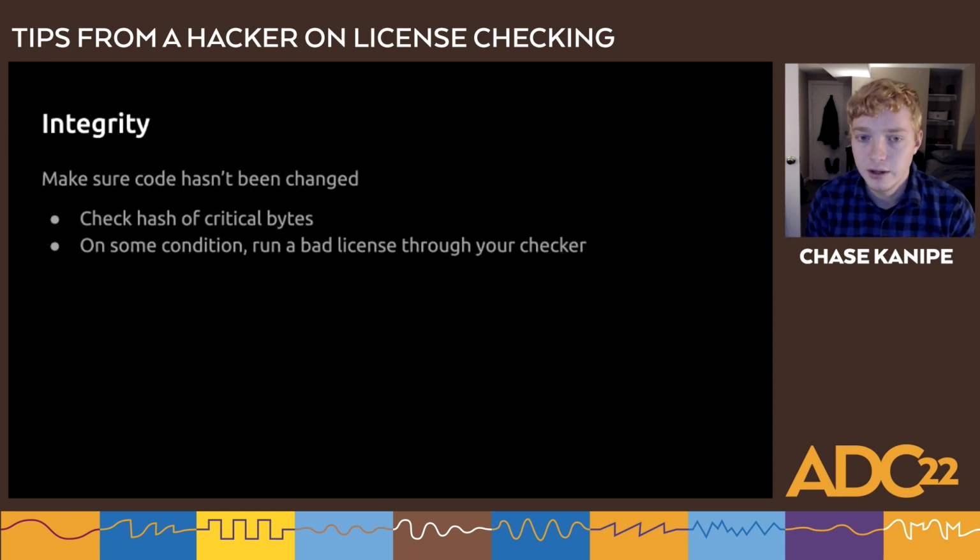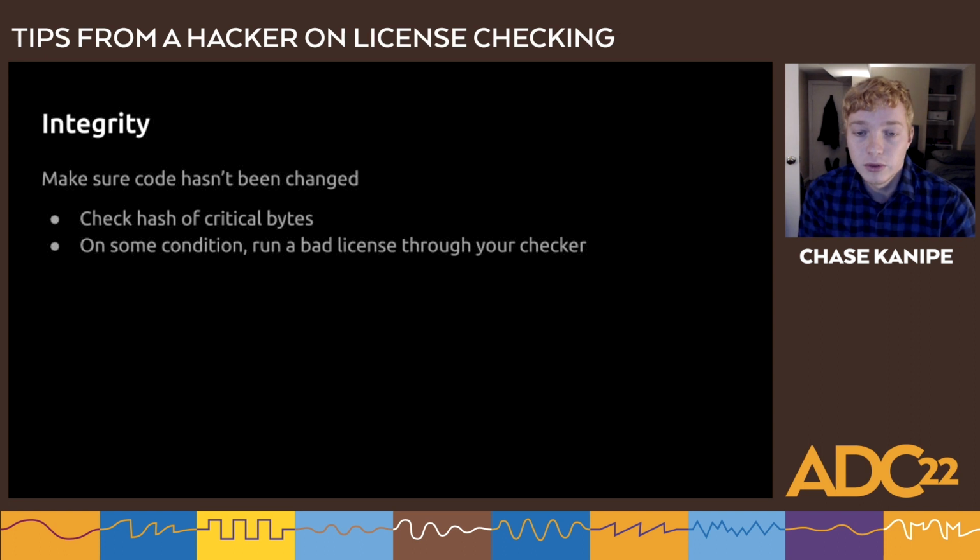Next, we have integrity. You want to make sure that your code hasn't been changed when this is possible. The best way to do this is to check the hashes of important bytes at runtime, and these hashes would be calculated at compile time. But this can be somewhat difficult to implement unless you are particularly passionate about this kind of work.